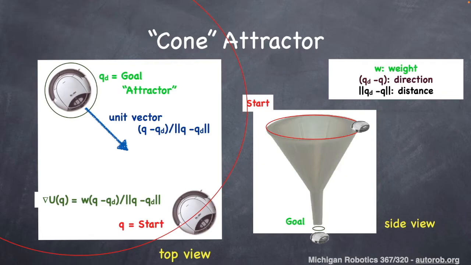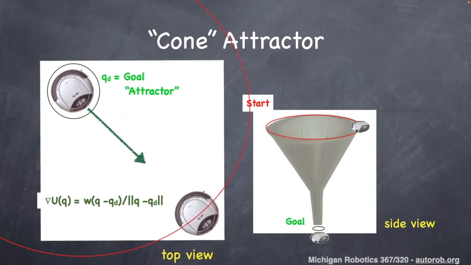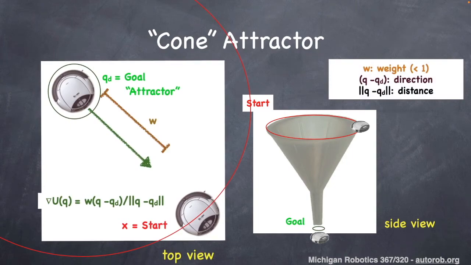And so given that, we now are pretty close to having defined our gradient. The one additional factor that we could include is if we want the particular slope of our cone to be steeper or shallower, we could then scale our calculated unit vector by some weight w to then give us our final definition of the gradient, which is shown on this slide here.